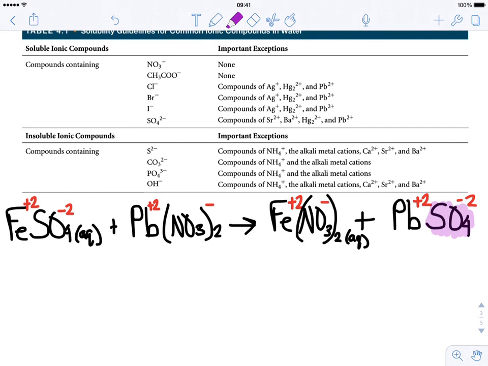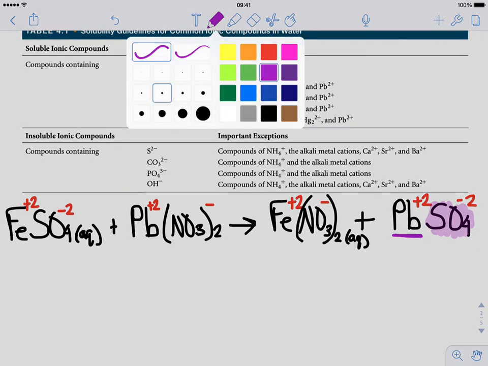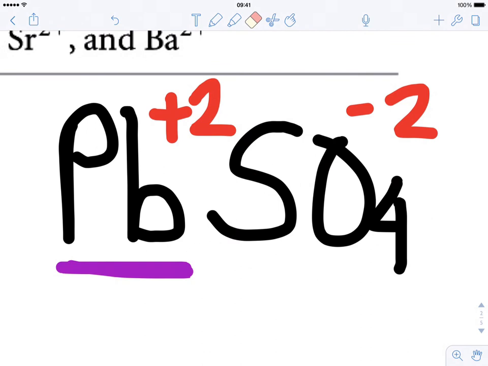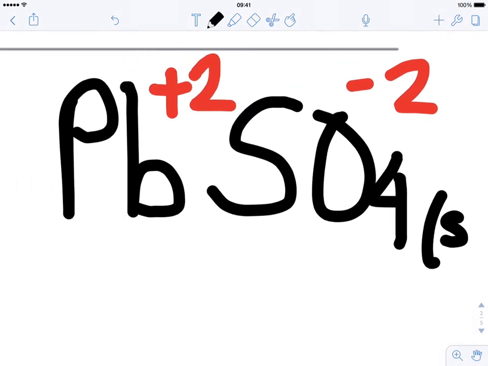Sulfate on the list is right here, so it's generally soluble unless it's paired with any of these. Do any of the exceptions apply? Yes, right? Because the cation it's paired with is lead, and lead is one of the exceptions. So that means that the sulfate is no longer soluble, but instead it's insoluble, meaning that it forms a precipitate. So the phase would be S for solid.